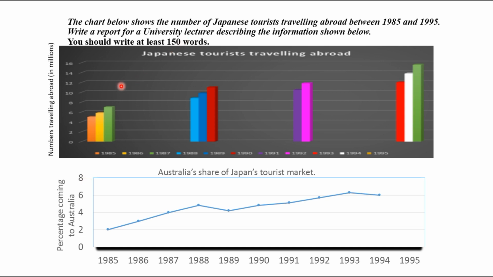The column graph is about the Japanese tourists traveling abroad from 1985 to 1995, and the line graph shows the percentage of Australia's share of Japan's tourist market in that decade. I think everything is clear. Now let's turn to the examples of the introduction.